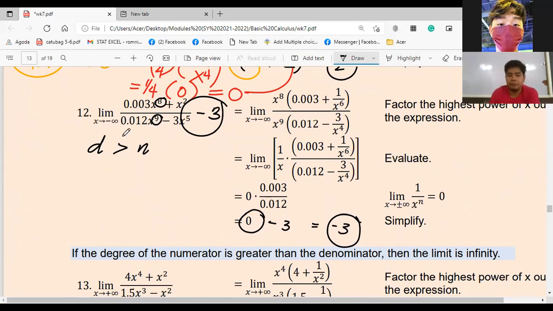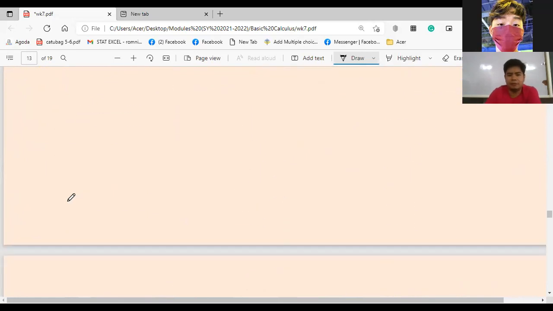Okay? Sige, try nyo nga itong sagutan. Parang interesado ako kung naintindihan. Ulitin natin. When numerator and denominator's degree are equal, then that is the ratio of the numerical coefficients. But if the denominator's degree is greater than the numerator's, then that will become 0. Sige nga, please try to answer this.